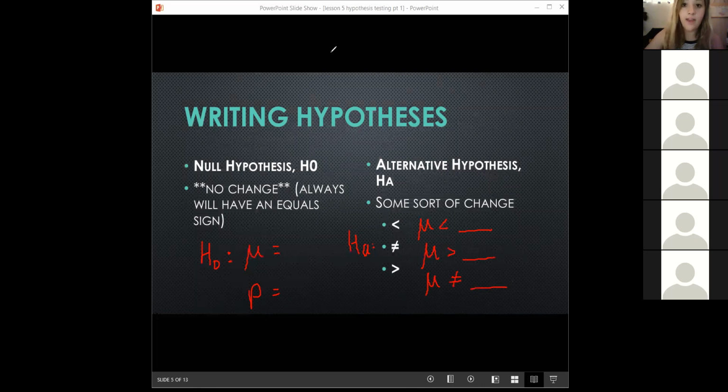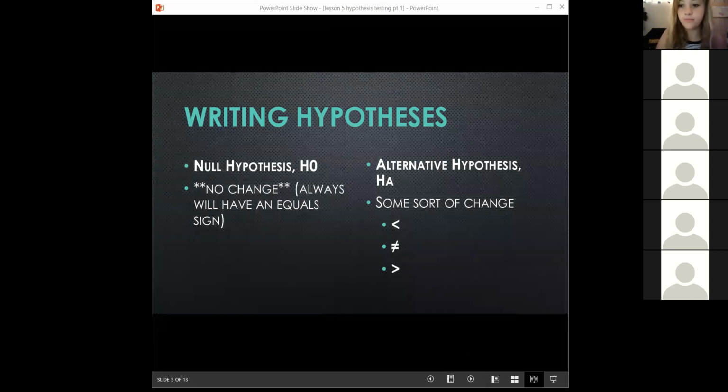Or p is less than something, p is greater than something, or p is not equal to something. So these are all examples of an alternative hypothesis. So you're always going to use the population parameter for both means and proportions for both null and alternative hypotheses. Does that make sense? Okay, cool. Very good question.